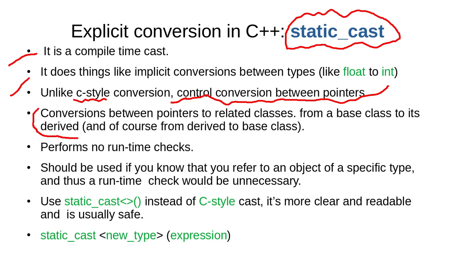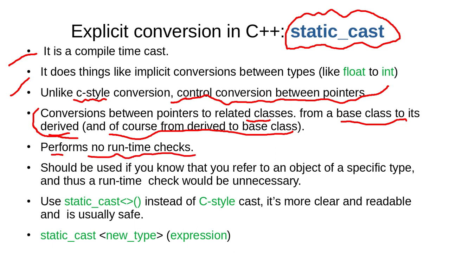It also allows conversion between pointers to related classes, from a base to its derived, and of course from derived to base. So in case of inheritance, you can use the static cast to convert the pointer from parent to child, or from derived to base class.